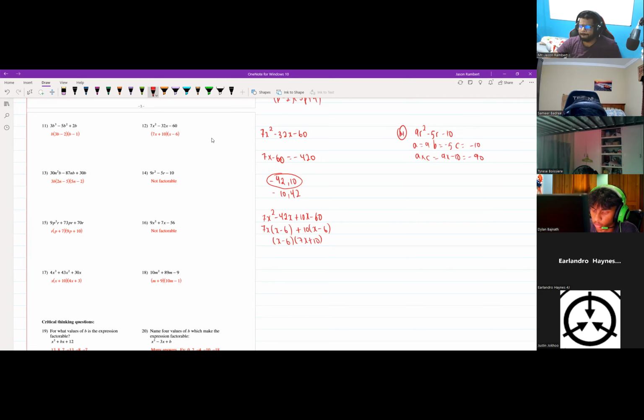Tell me why. Why is this not factorable? Just remember, in order to factorize something, we need to follow certain criteria.